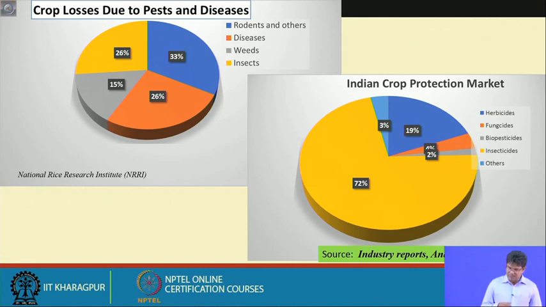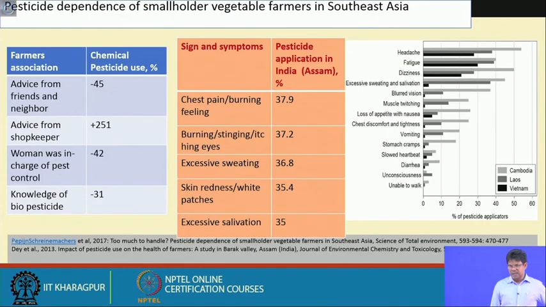And if you see the effect of these synthetic pesticides on a social basis, we have this study on the pesticide dependence of smallholder vegetable farmers in Southeast Asia. Here we have collected some information from an Indian study and also from Cambodia, Laos, and Vietnam.